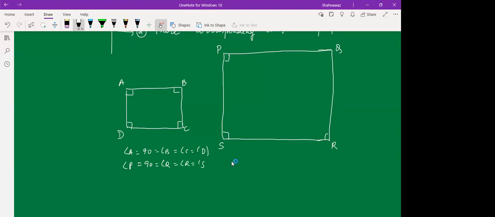So you see that angle A equals angle P, angle B equals angle Q, angle C equals angle R, and angle D equals angle S. So all angles are equal.